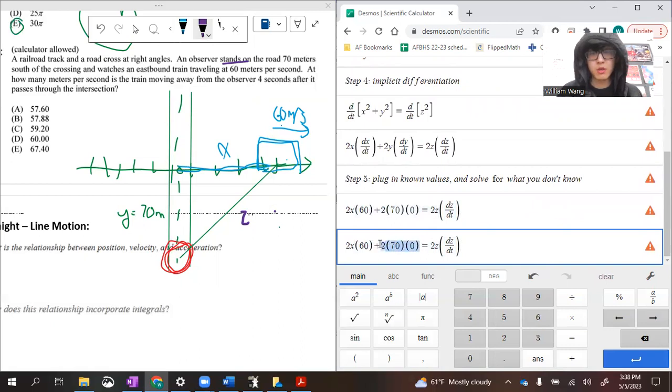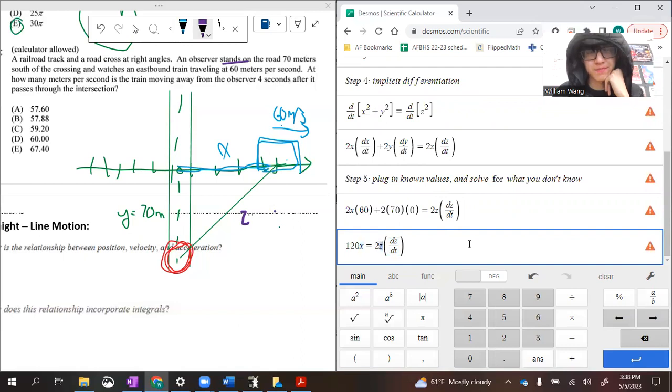This is times 0, so it disappears. 2x times 60, so it's 120x, is equal to 2z dz over dt. So I actually need to know both my x and my z to figure out dz over dt, which is what I'm looking for. There are 2 unknowns. I need to figure out my x and z.